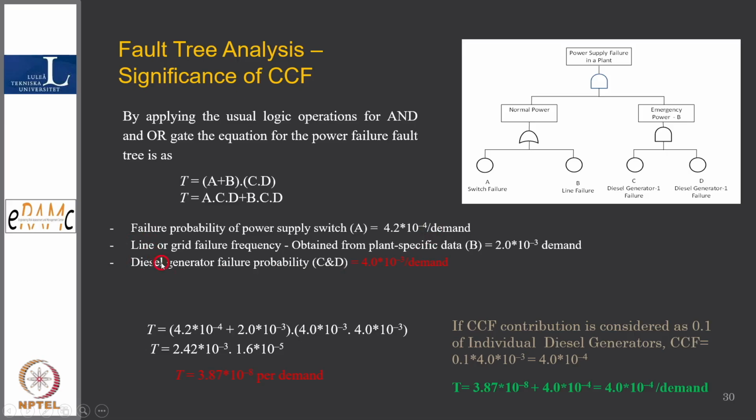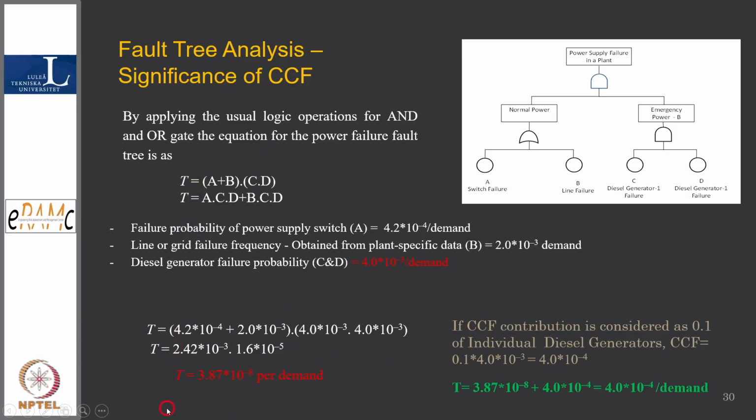It was to give the importance of the diesel generator over here, A into B. So, we have diesel generator failure probability, let us say 4 into 10 to the power minus 3 here. If that is the failure probability, then T is the top event. It will be comprised of this one plus this one, multiplied by this into this, the top event.